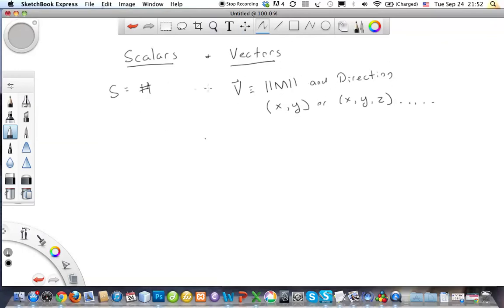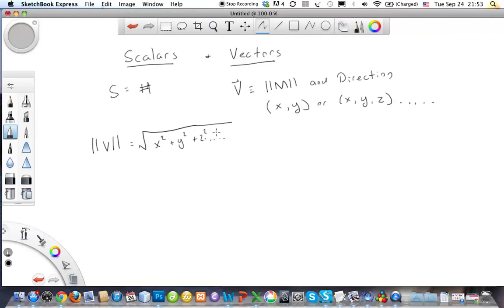Now with that fundamental truth in mind, we know that the magnitude of some vector is equal to the components of that vector: x squared plus y squared plus z squared, and so on.